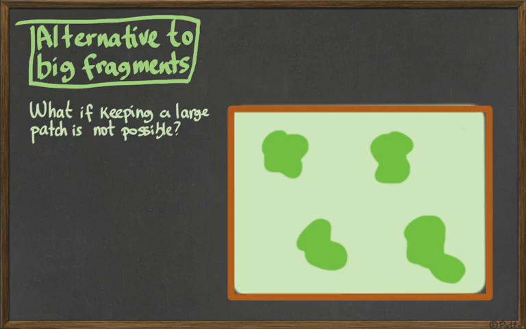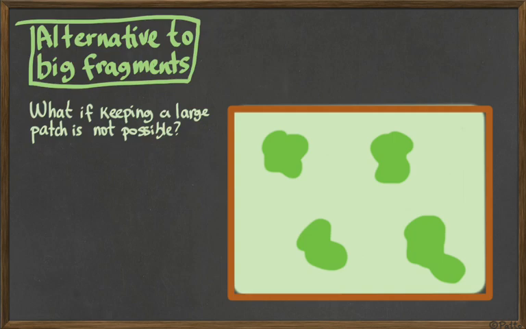You need to keep a certain percentage of the area. So some patches, it will be important that you keep. If you can keep all the patches together, making a bigger patch, that will increase the preservation, it will increase the biodiversity in your forest. However, sometimes that's not possible, and then there are alternatives.